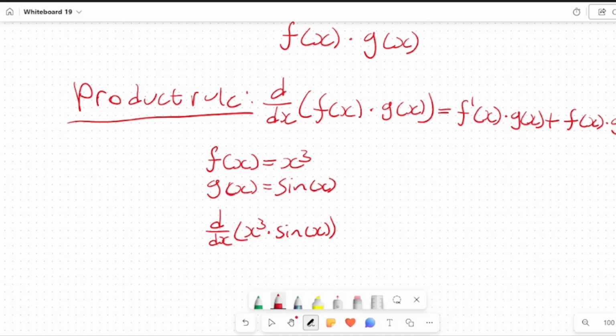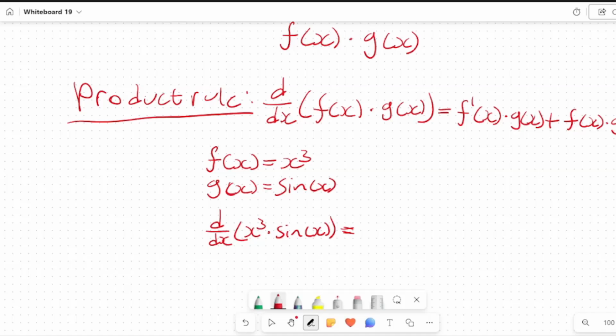Well, let's use the property of the product rule. Our f of x is, in this case, x cubed, and our g of x is sine of x.